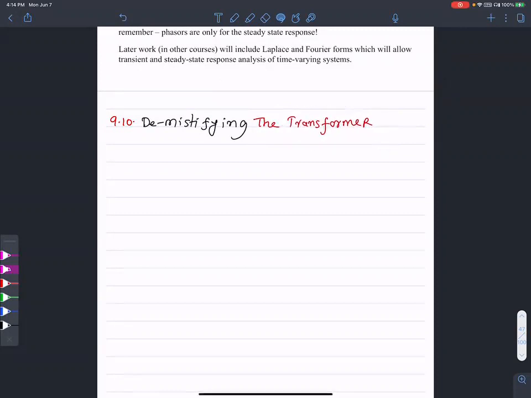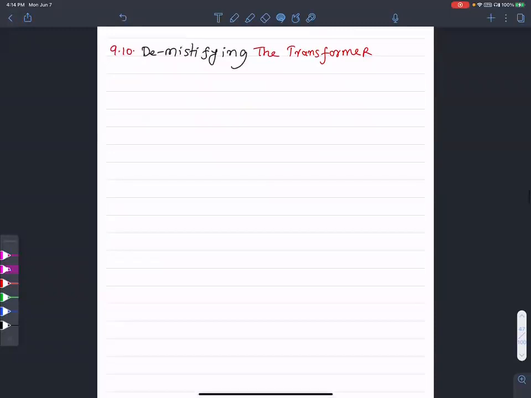We may or may not have seen this in the previous class, Engineering 17, but it's always good practice to understand the first principles. The idea of the transformer is basically coming from mutual inductance.